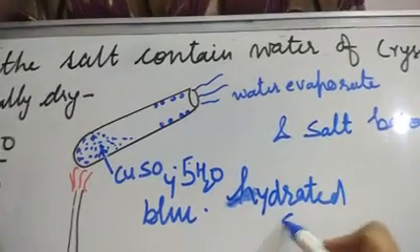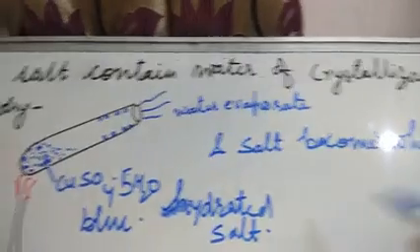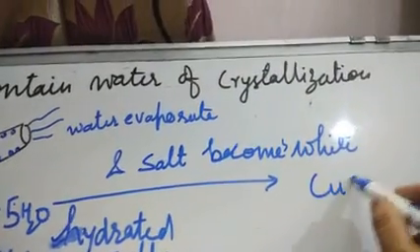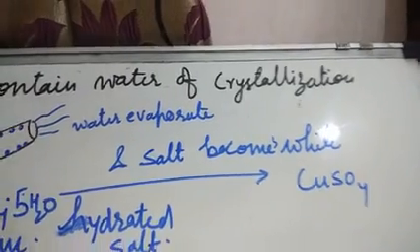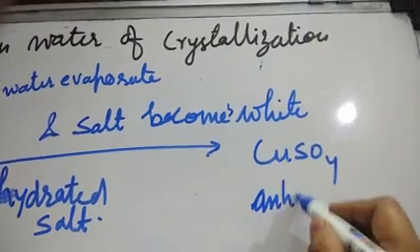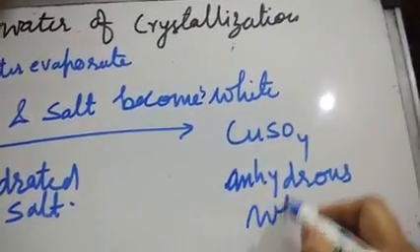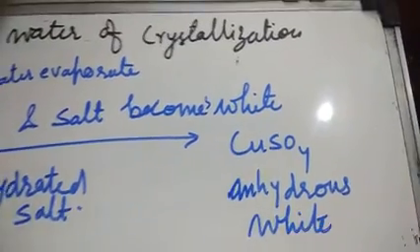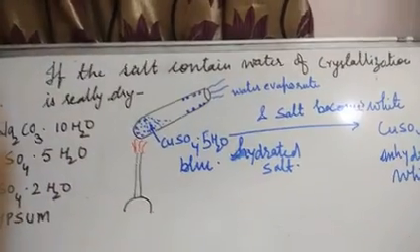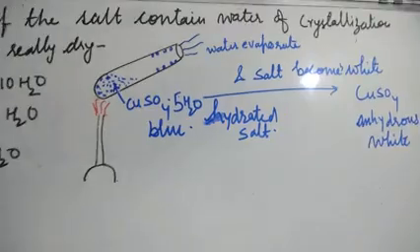Okay, students. And after evaporation, it is converting into CuSO4 only. No water of crystallization is there. It becomes anhydrous and the color is white. So this activity proves that copper sulfate has water of crystallization in it if its color is blue.